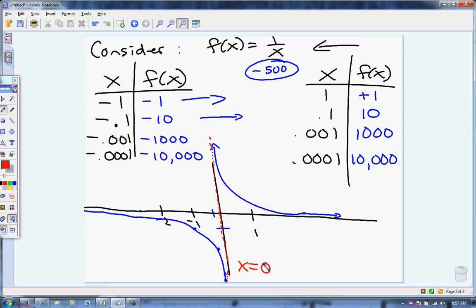And then look, we also have a horizontal asymptote right here on the x-axis. Its equation is y equals 0. This one is a vertical asymptote.